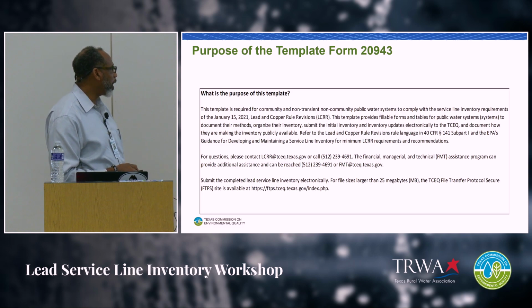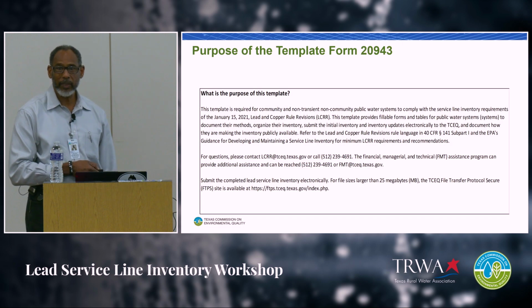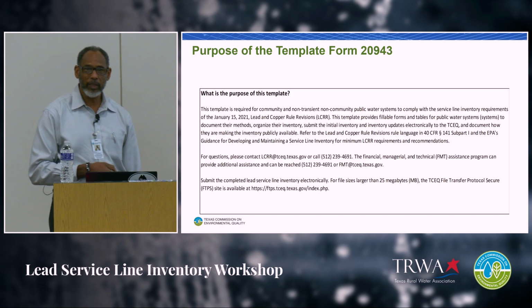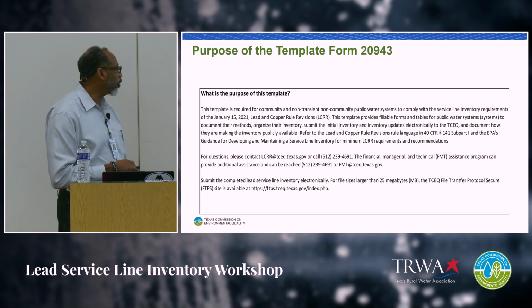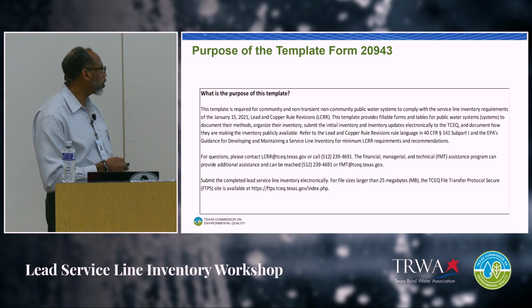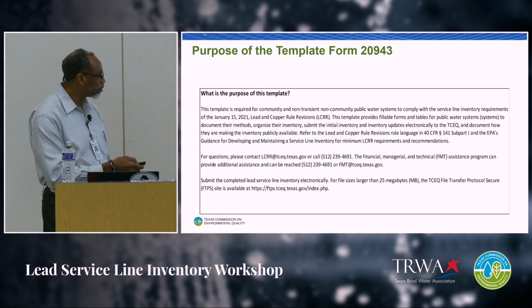If you, by chance, have a file that is over 25 megabytes, and that may be the city of Austin, San Antonio, Houston, Dallas, and so forth, then there will be an FTP site to upload your template. Everyone else will be able to email it to TCEQ at that email address. And that's the information about the FMT assistance program we spoke about.